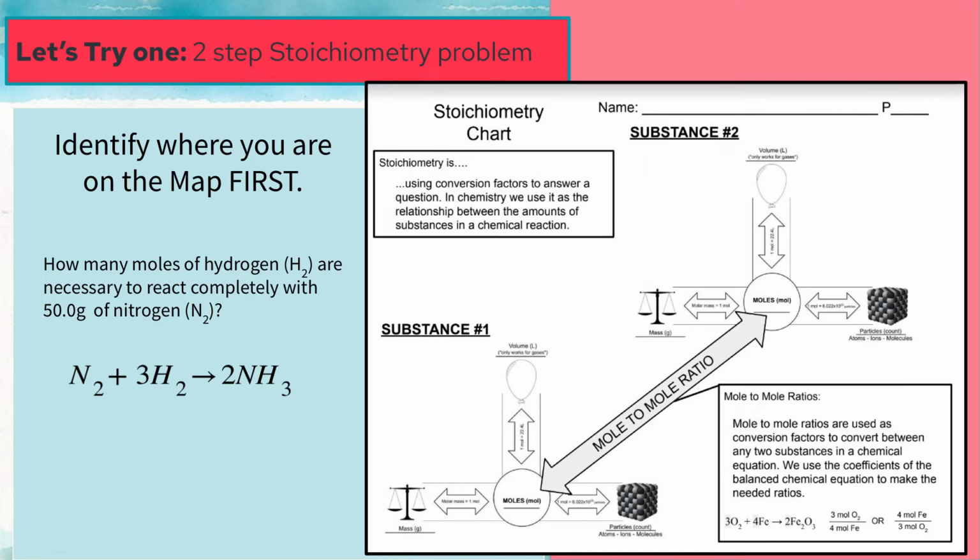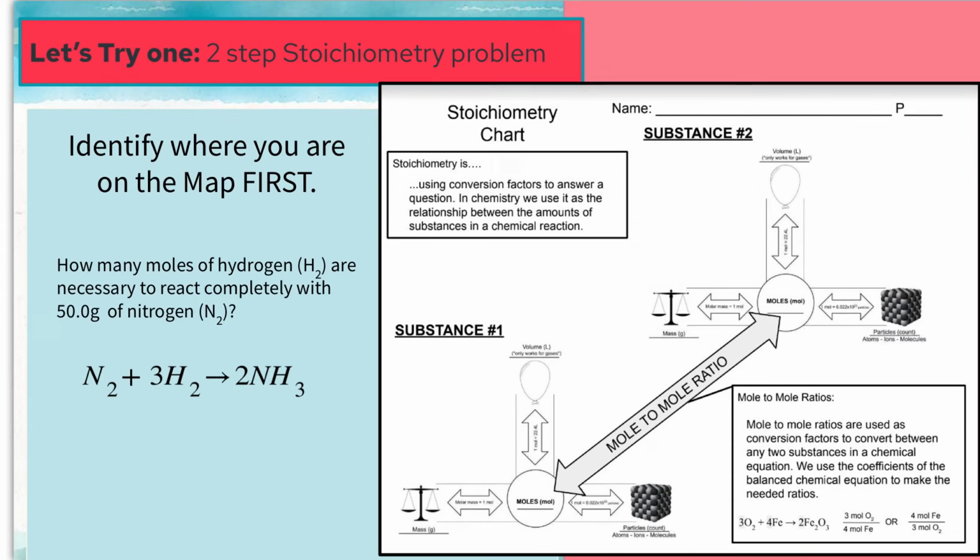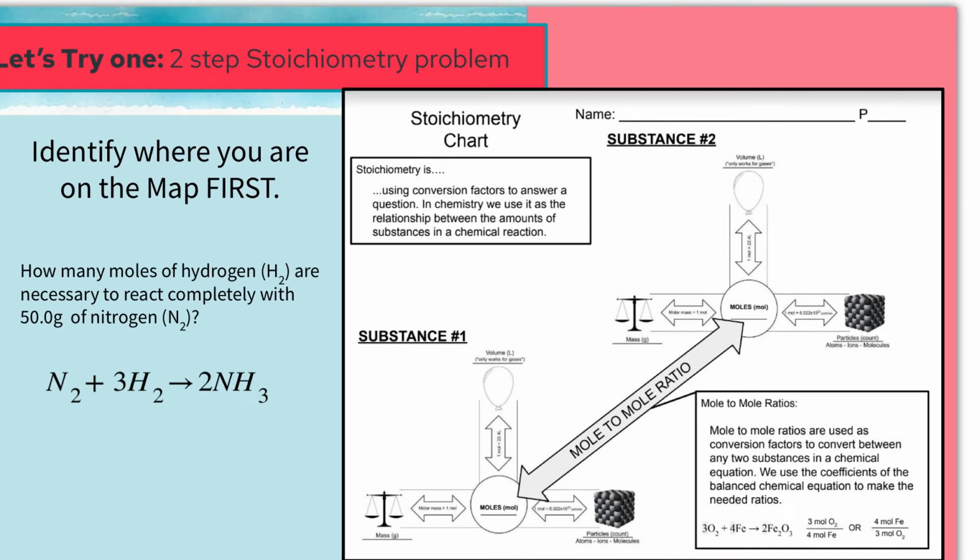So here's another question. How many moles of hydrogen are necessary to react completely with 50.0 grams of N2? So here's your balanced chemical equation. So where on the map are you first? So we are over here on the map.